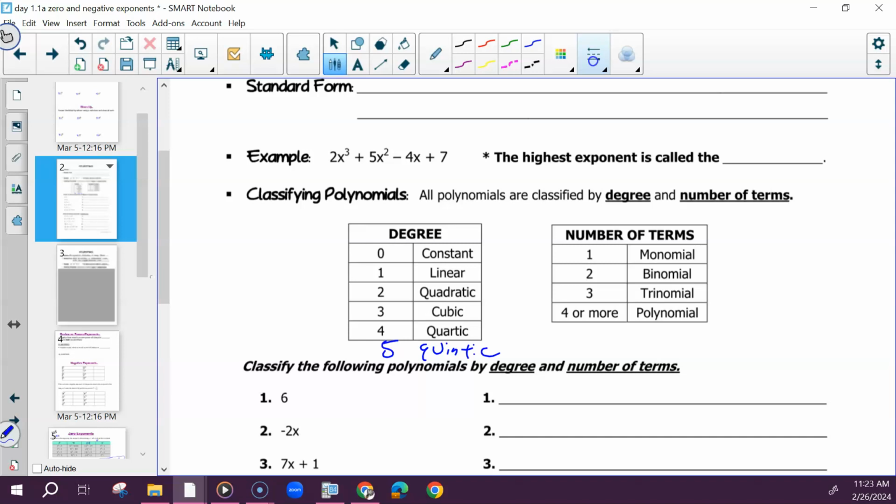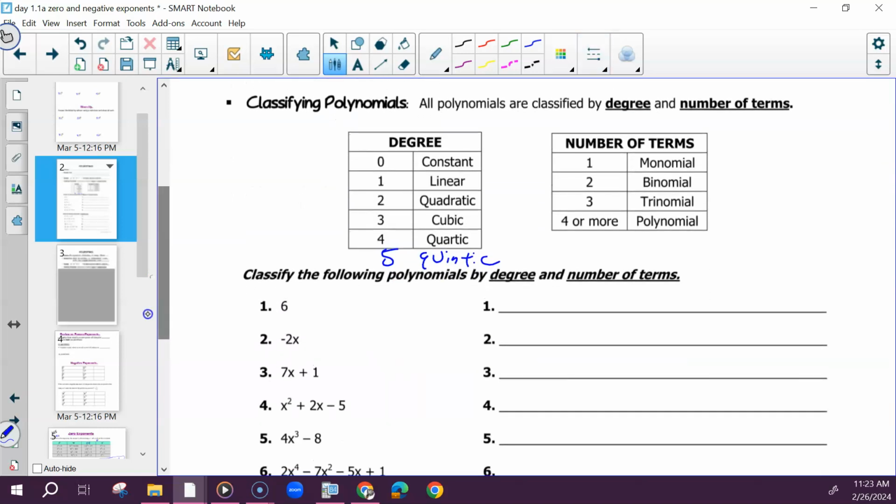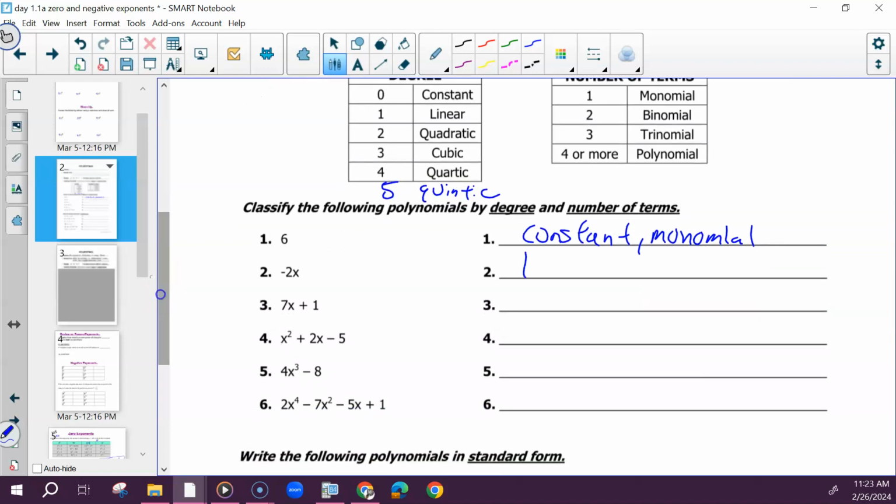So let's classify some of these. Number 1, constant, and number of terms, monomial. Number 2, linear, and number of terms, monomial. Number 3, linear and binomial.